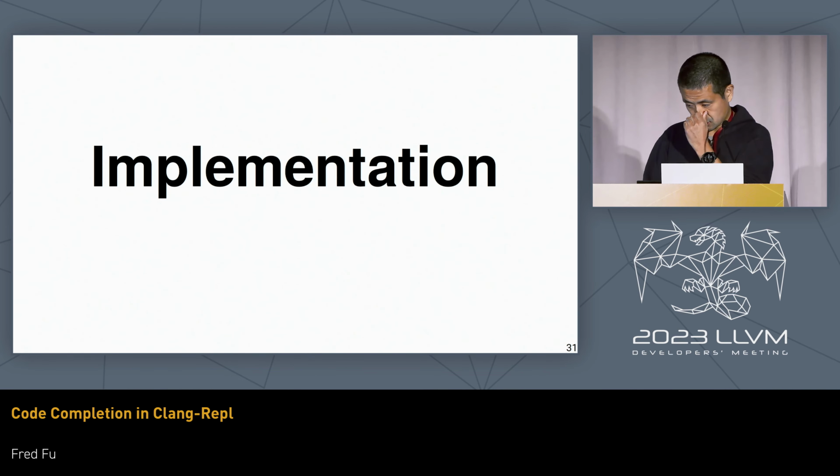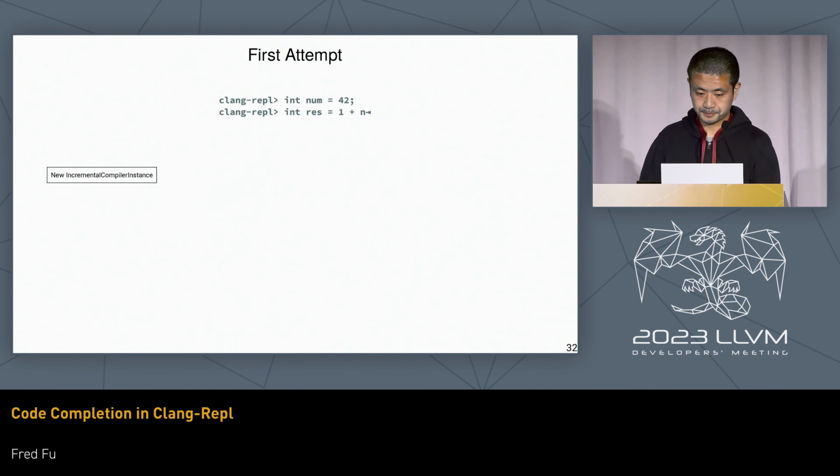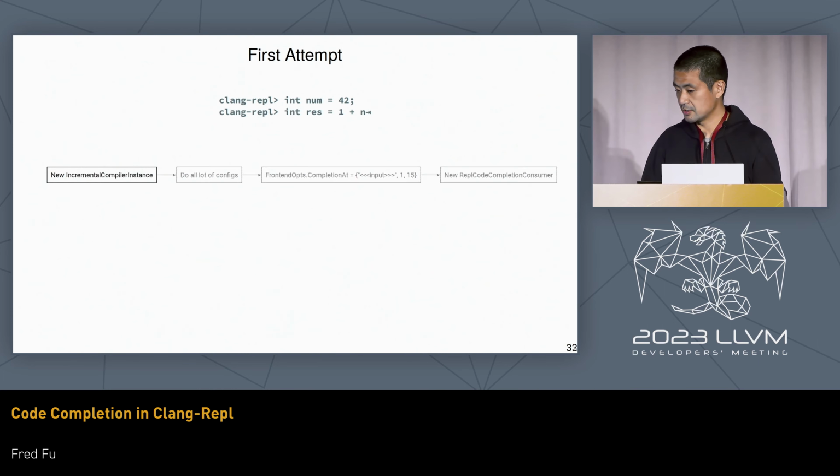Now let's talk a little bit about implementation. Our first approach actually closely followed how building code completion works. First, we create an incremental compiler instance. Next, we do a bunch of configurations, among which we set the code completion point and create our completion consumer.